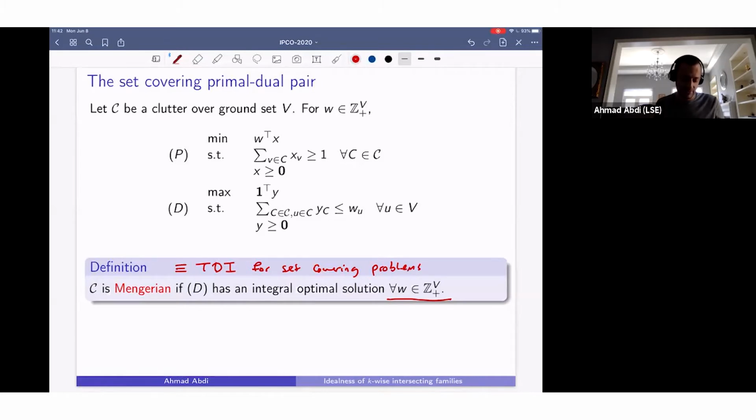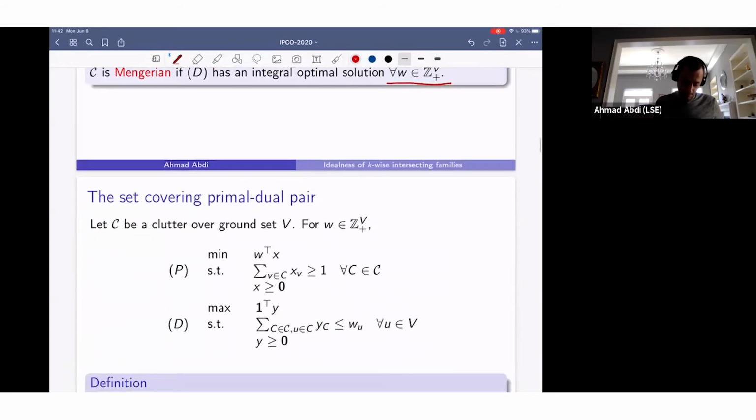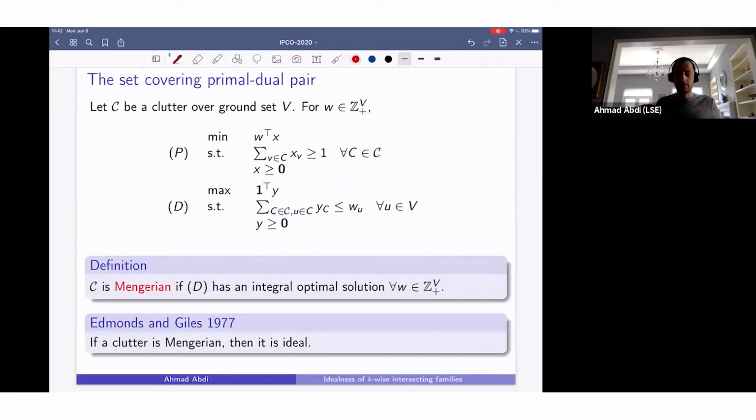So the clutter C is Mengerian if the corresponding set covering program is totally dual integral. Now there's a classical result of Edmonds and Giles that tells you that total dual integrality implies primal integrality. In the language of clutters, that says that if a clutter is Mengerian, then it is ideal.